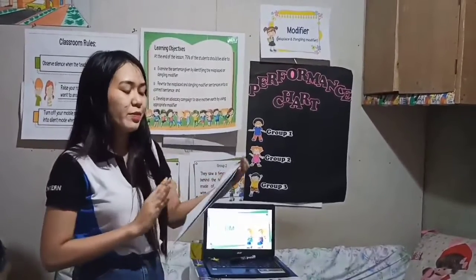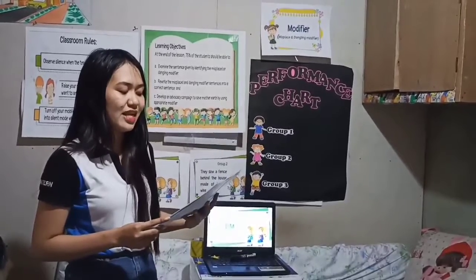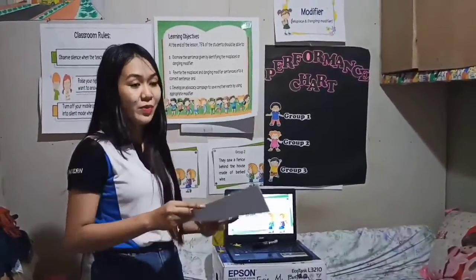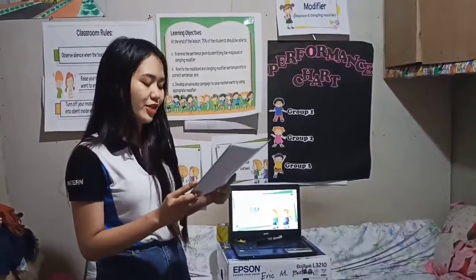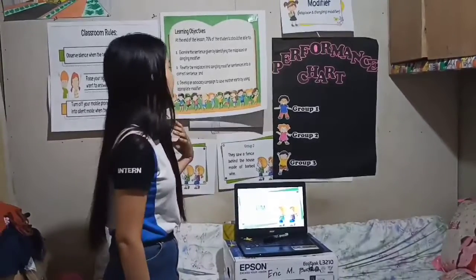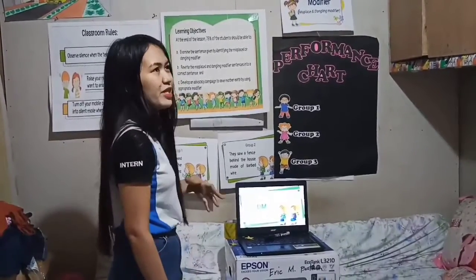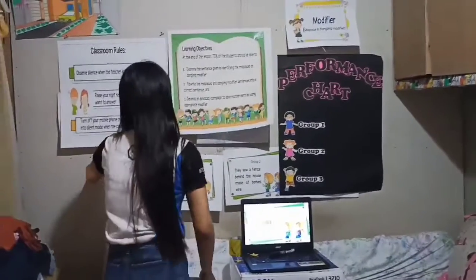Part 1 is to rewrite the mistakes in the dangling modifier sentences into correct sentences. For part 2, make an advocacy campaign about saving Mother Earth by using appropriate modifiers. Your advocacy will be rated according to this rubric.